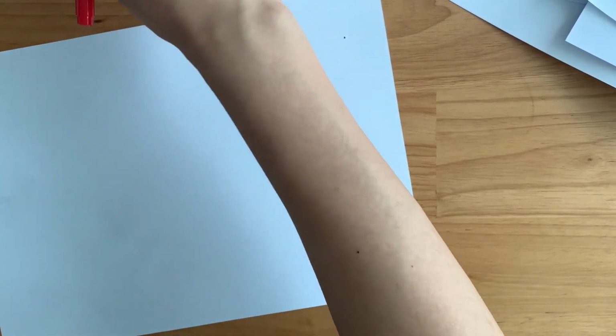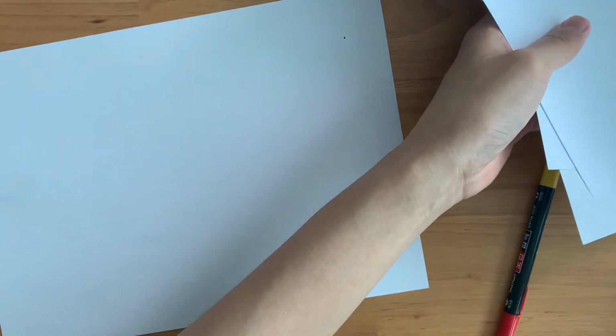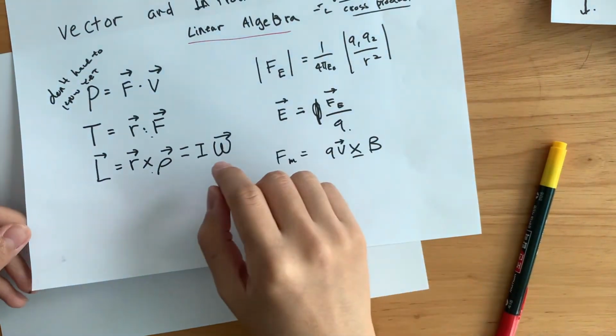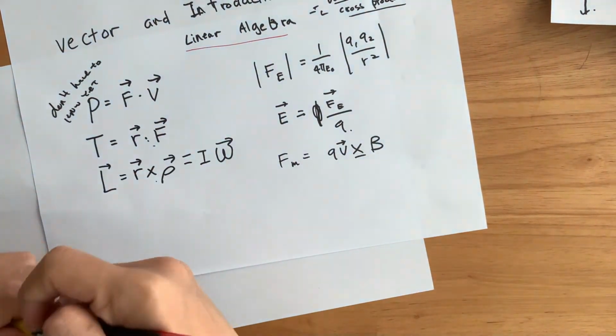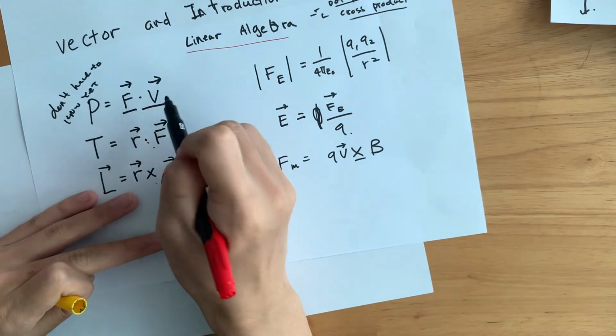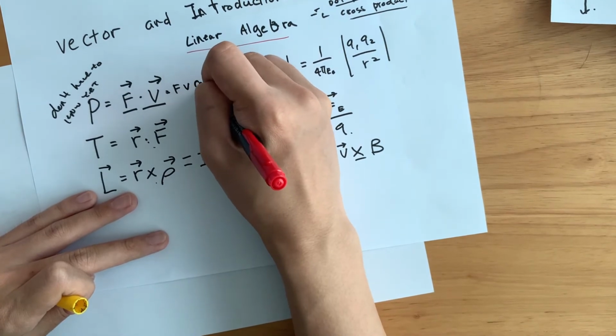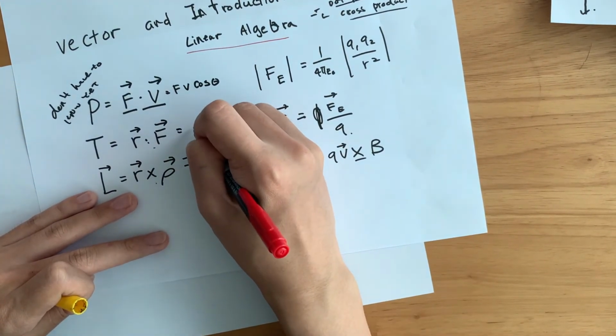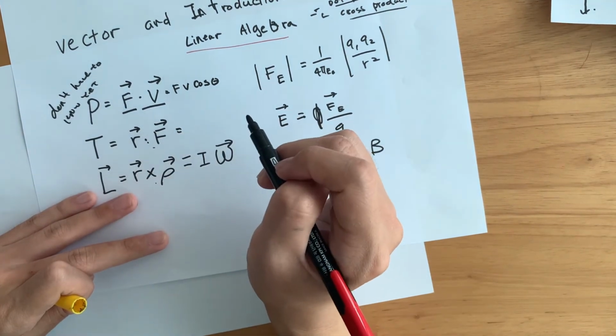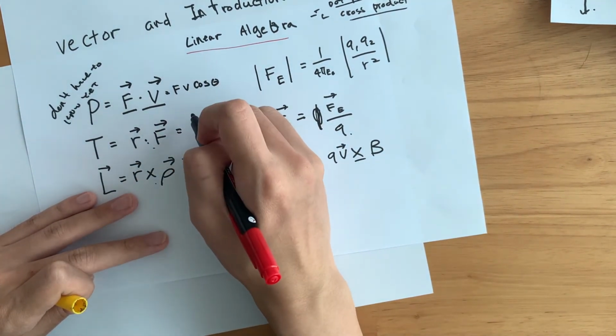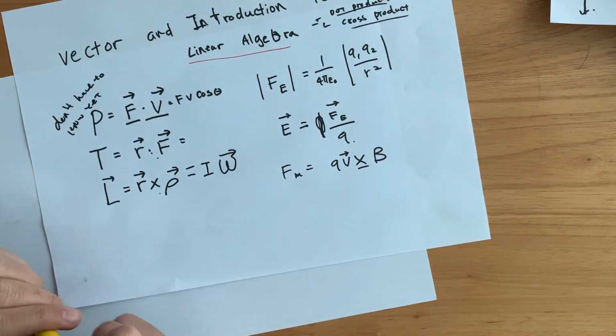Last one and the final boss: cross product. There are so many papers here. In here, I told you some dot product facts. This can also be represented as F t cosine theta, and this can also be torque.